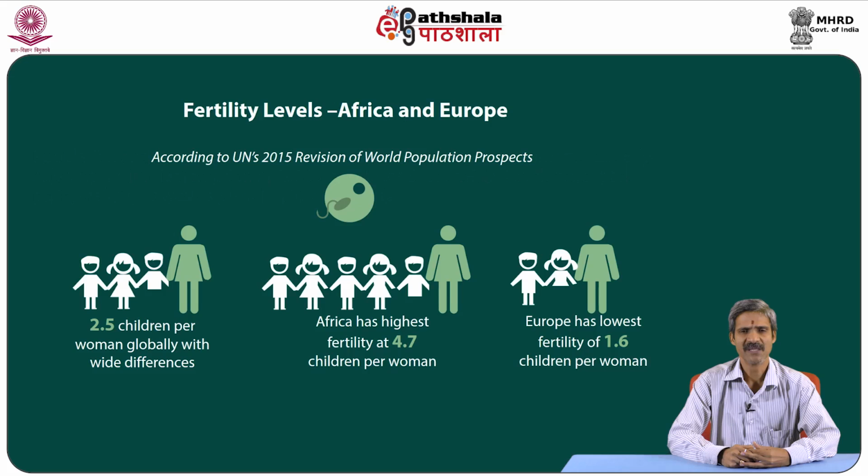Of course, there are wide ranging differentials in fertility across the regions. Africa has the highest fertility at 4.7 children per woman. Europe, on the other extreme, recorded the lowest fertility of 1.6 children per woman.